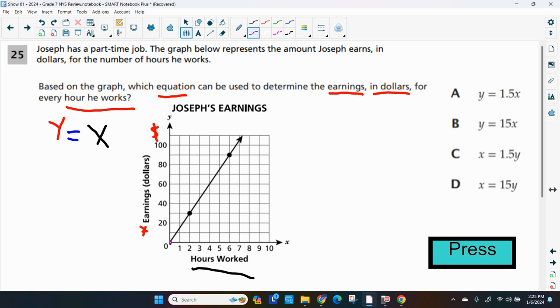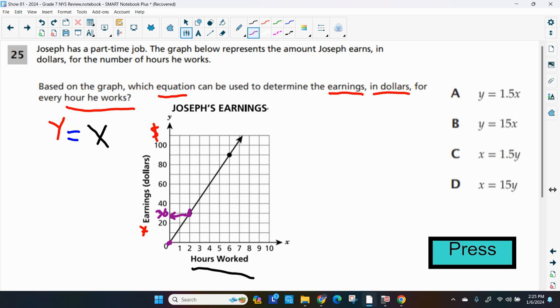Here's the origin. And it's a straight line. And we look for a point like this one right here. It intersects the y-axis over here. And that would be, if we count, 20, 40, and between that would be 30.